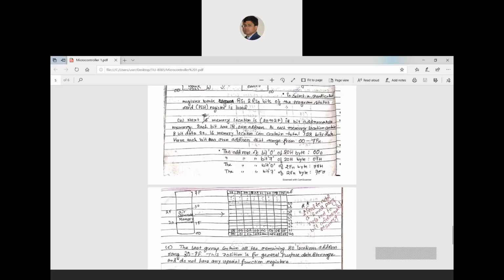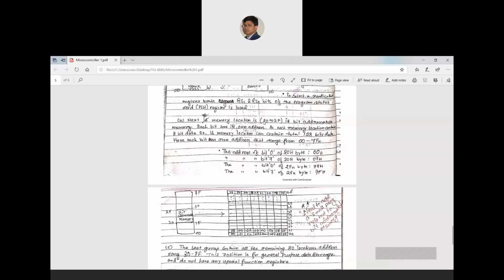As each memory location contains 8 bit, for 20 to 2f, how many address spaces are there? 20 to 2f, 16. Okay, 16, and each address location can have 8 bit data. This is the normal architecture of any memory space, because in 8051 we have already seen that it is an 8 bit CPU.